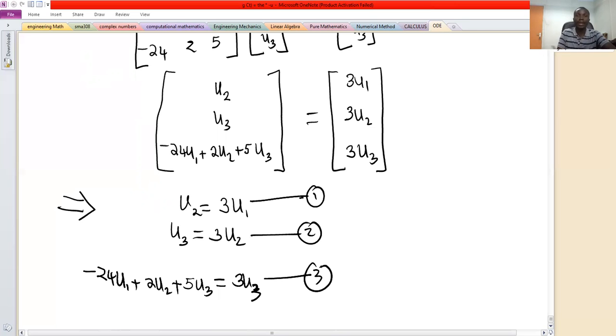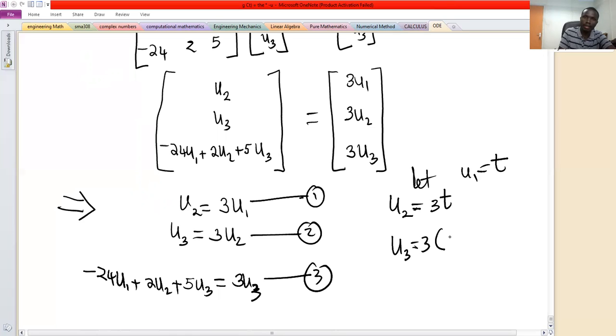And from 1, if we let U1 to be t, then U2 would be 3t. And using this value in this equation, U3 will be 3 into 3t, which will be 9t. So the first and second equation help us to get all the values of U1, U2, U3.